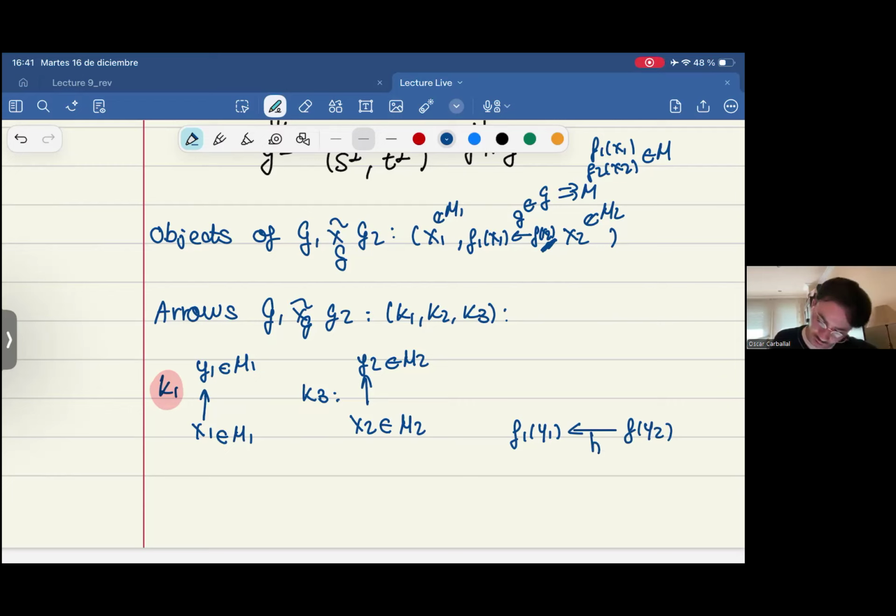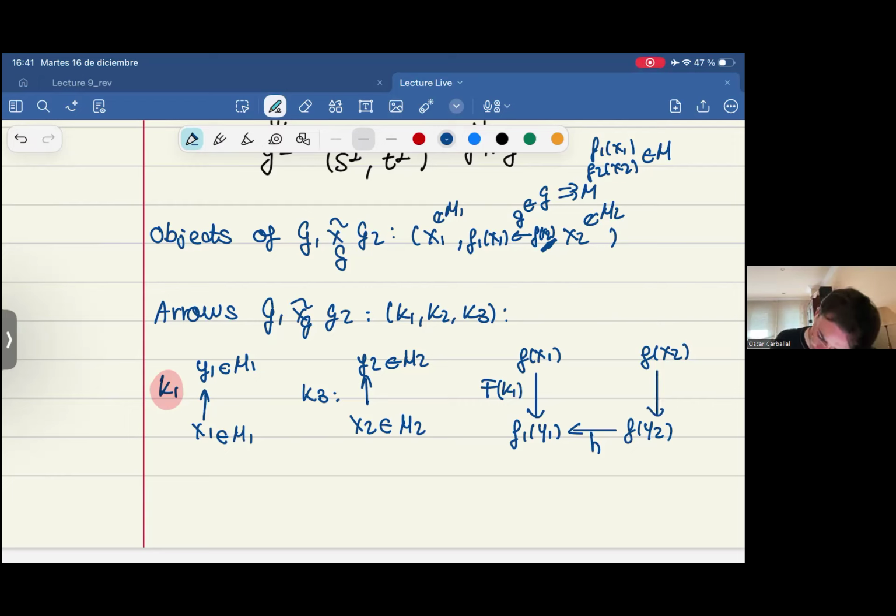Suppose we have an arrow here, and we do the same for the x's. Since K1 was an arrow from X1 to Y1, here the arrow we have is the image through capital F of K1, sorry.